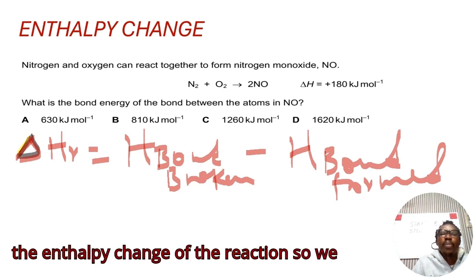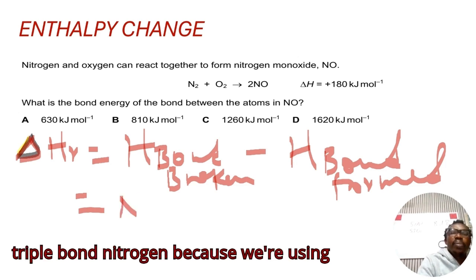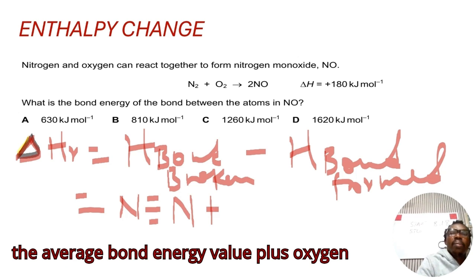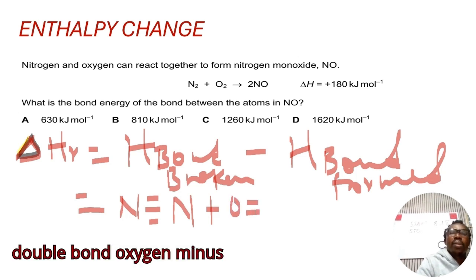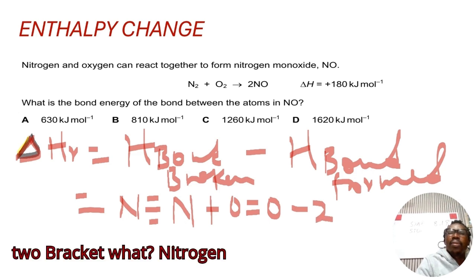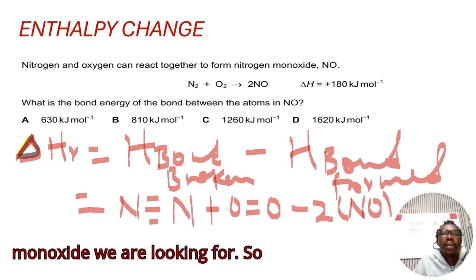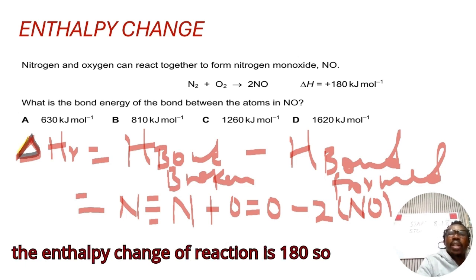So we're given the enthalpy change of the reaction. The bonds broken are nitrogen triple bond nitrogen, because we're using average bond energy values, plus oxygen double bond oxygen, minus 2 bracket nitrogen monoxide. The bond in nitrogen monoxide is what we're looking for. The enthalpy change of reaction is 180.